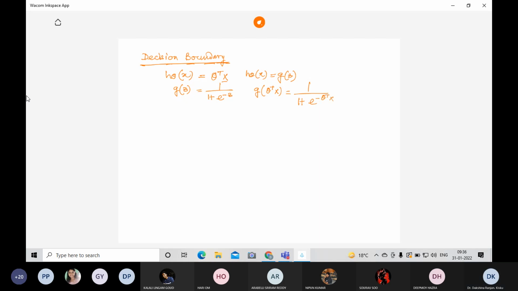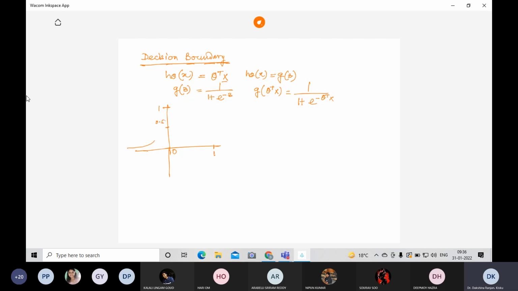And this will give us this S-shaped curve. This S-shaped curve means if this is 1, then this point is 0.5.